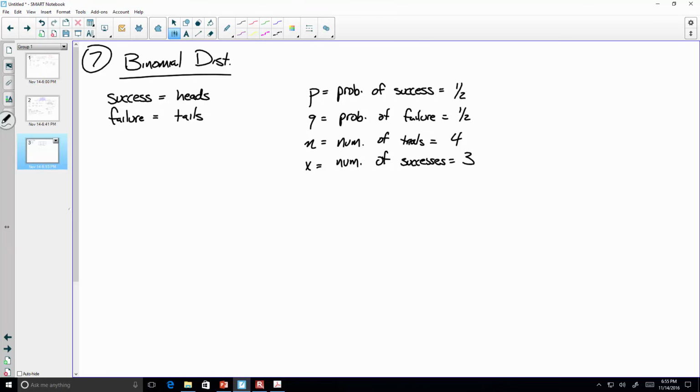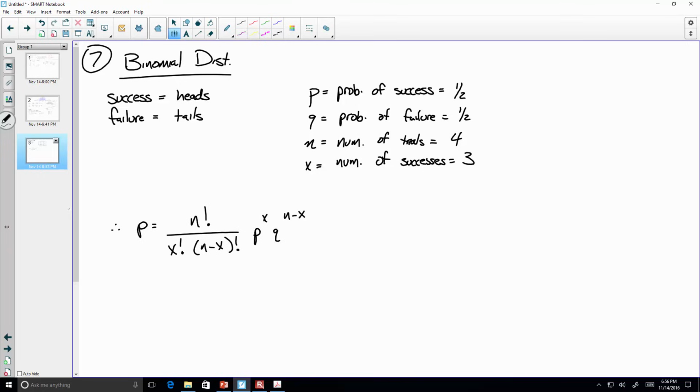Therefore, the probability is n factorial over x factorial times n minus x factorial, p to the x, q to the n minus x.